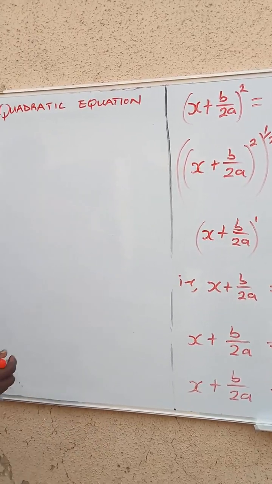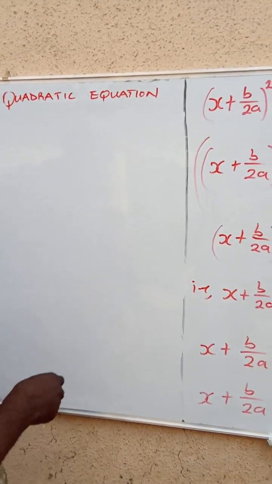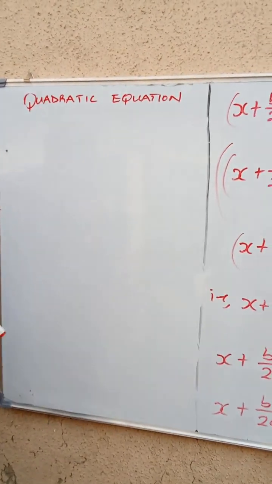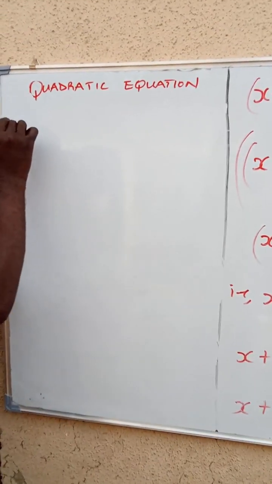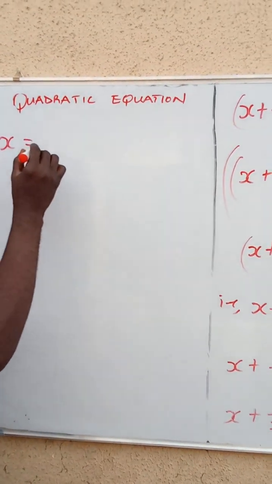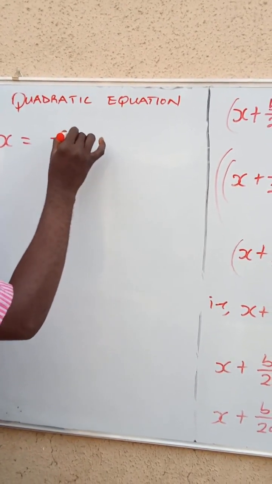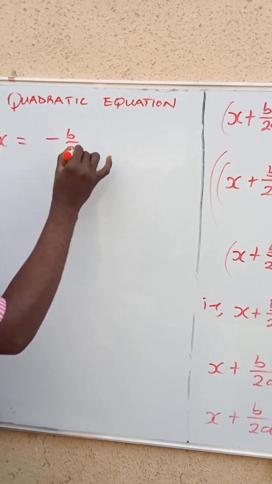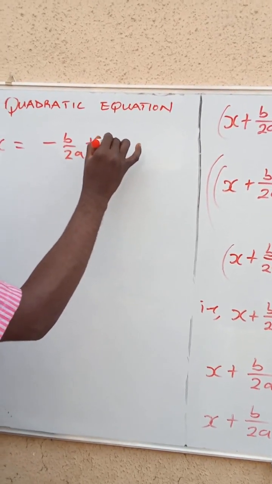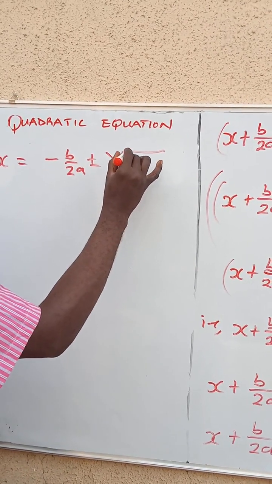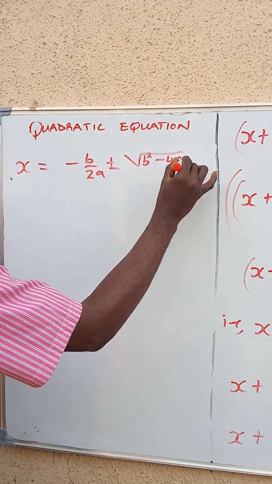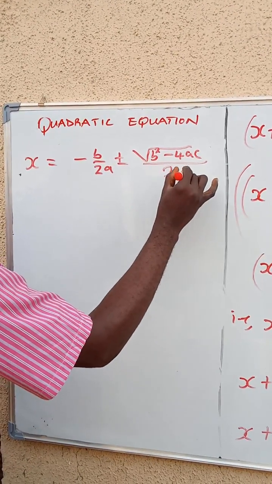Now come to this value. If it's only b squared, I can say it's b. But when other terms are added, you leave it. So coming to this area, x is equal to minus b over 2a plus or minus the square root of b squared minus 4ac over 2a, because this one crosses the sign of equality.